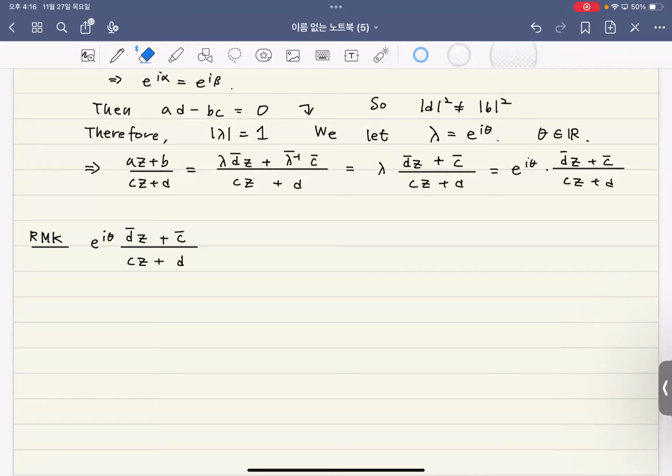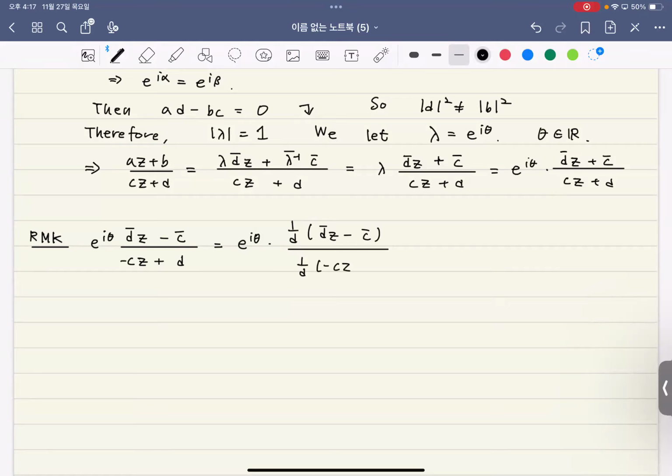Okay, but these numbers, I'm always free to change the sign, so allow me to change the sign from plus to minus. Then e to the i theta, and we divide this fraction, top and bottom, by d.